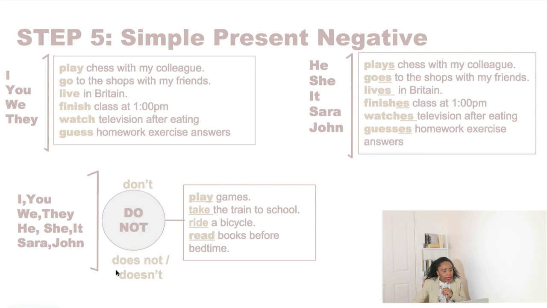He does not play games. She does not play games. It does not play games. Sarah does not, and John does not play games. And the same applies to the remainder of the sentences here.